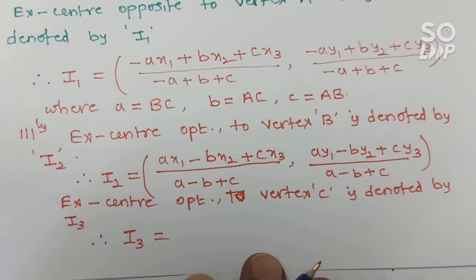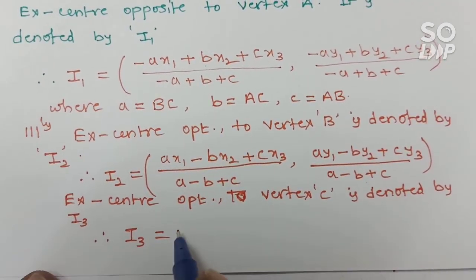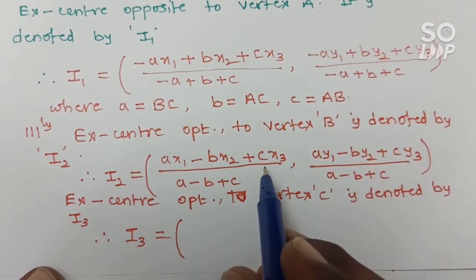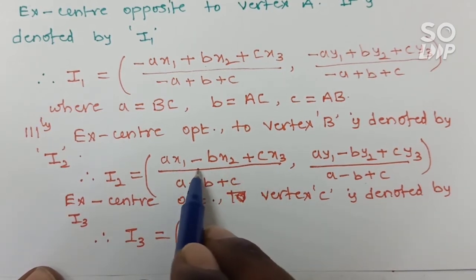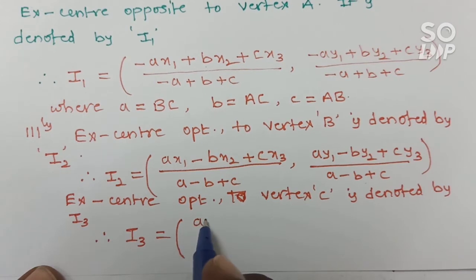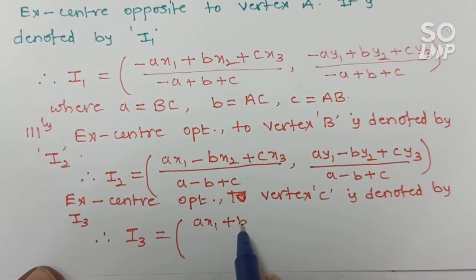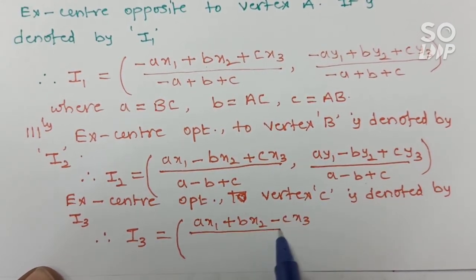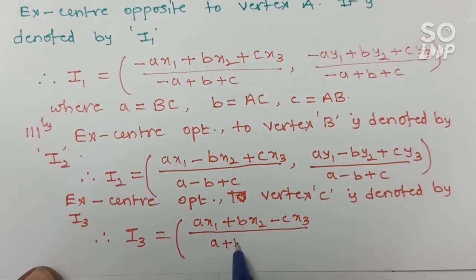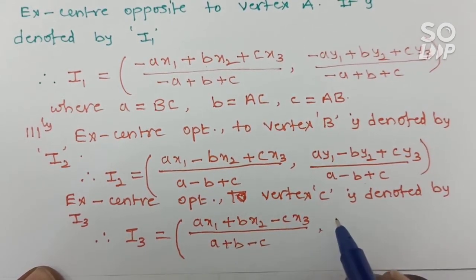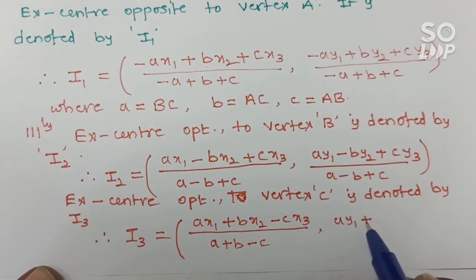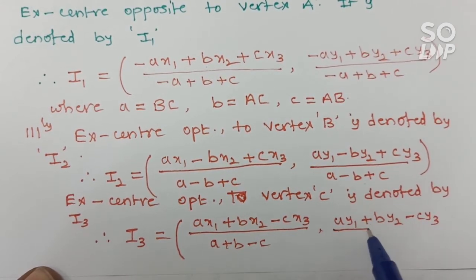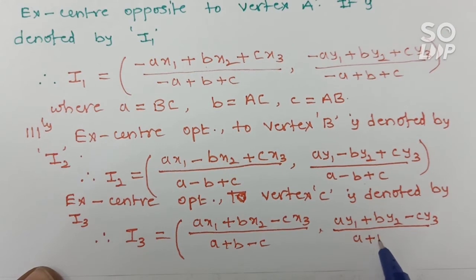I3 will be equal to, since it is vertex C, in this formula c will have the negative sign and the remaining will be positive: (a x1 plus b x2 minus c x3) divided by (a plus b minus c), comma, (a y1 plus b y2 minus c y3) divided by (a plus b minus c).